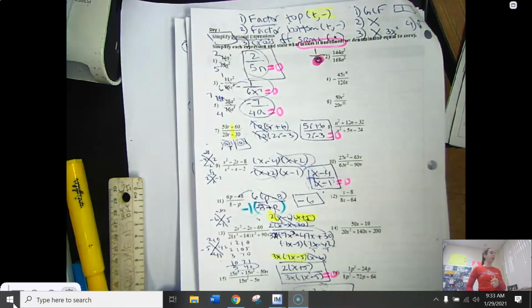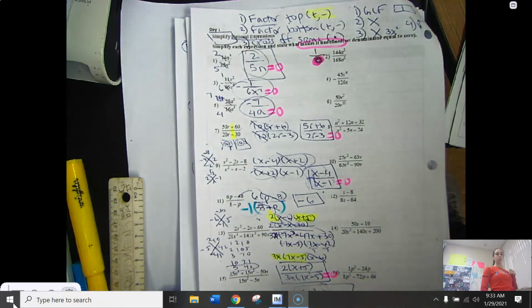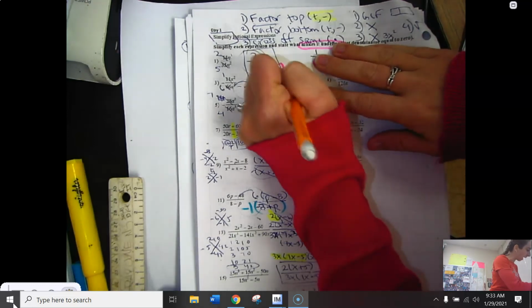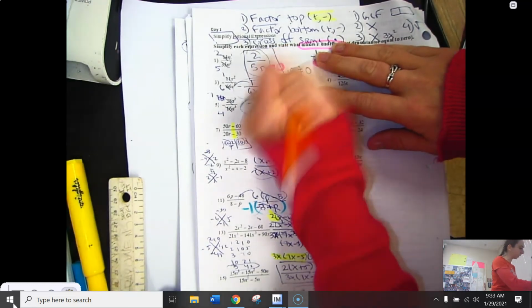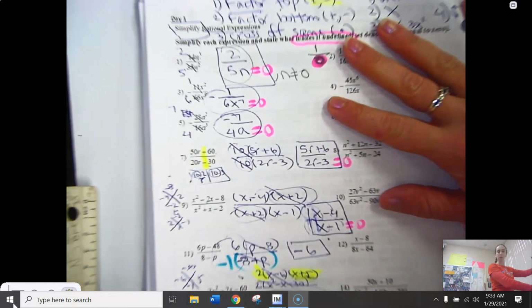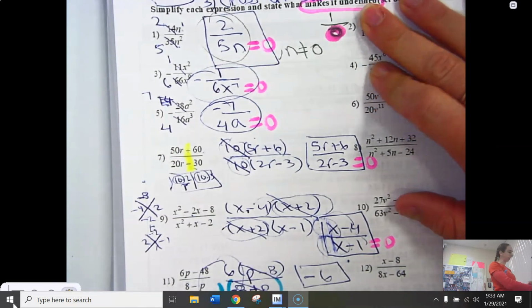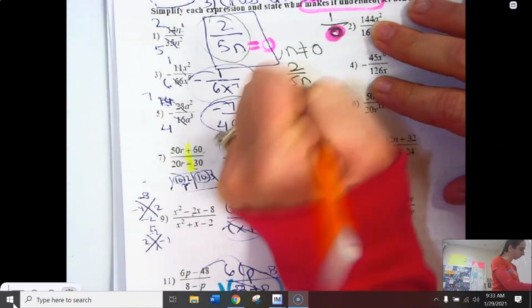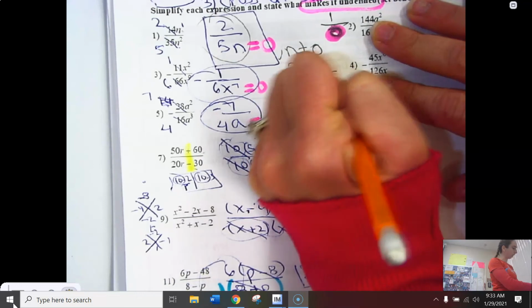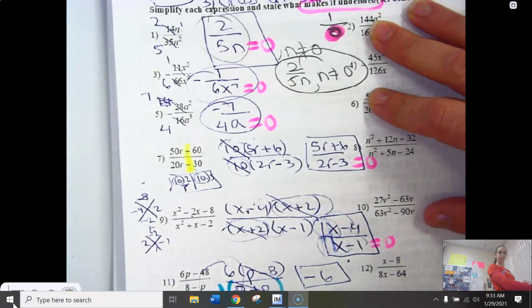What I'm saying is that n could be any number in the whole wide world, except n cannot be 0. Because if I set 5n equal to 0, I get 0. So that means if n was 0, this wouldn't be a possible answer. So my final answer is 2 over 5n, comma, when n cannot equal 0.